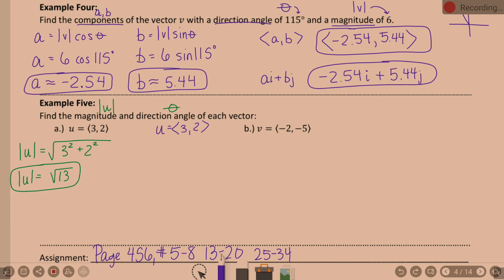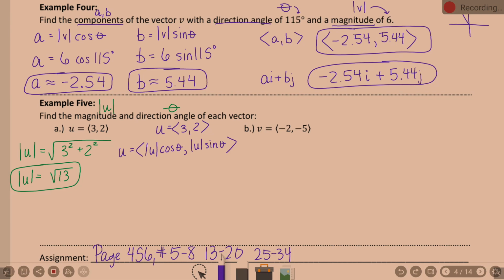And we just talked about the horizontal component can be recognized as what? The horizontal component can be recognized as absolute value of U times cosine of theta. And what about the vertical component? It was absolute value of U times sine theta, yes?